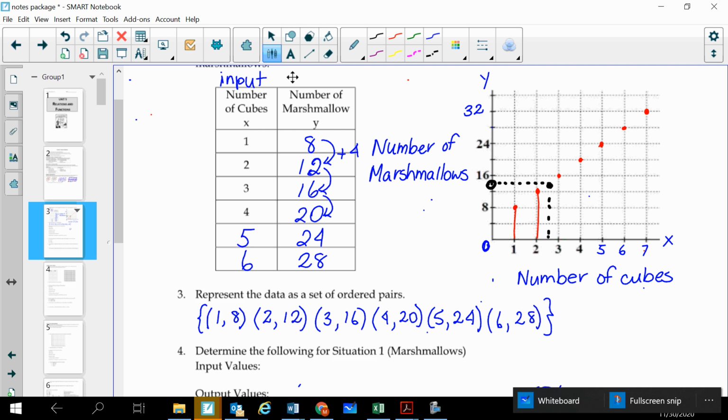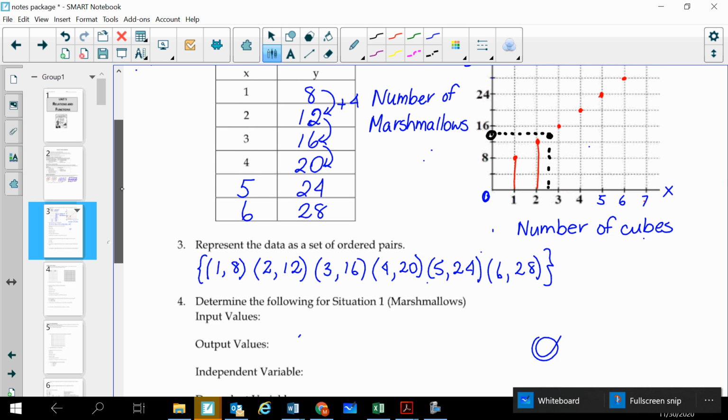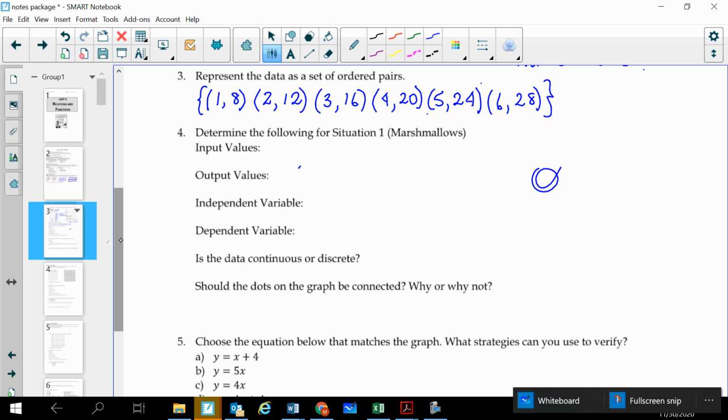My output values are always the second one, so our y value. Our input value is the number of cubes. Our output values are the number of marshmallows.